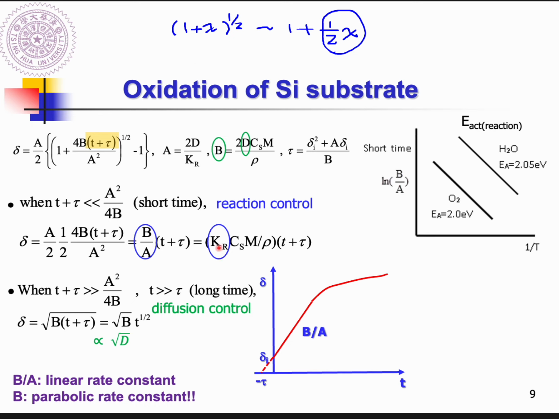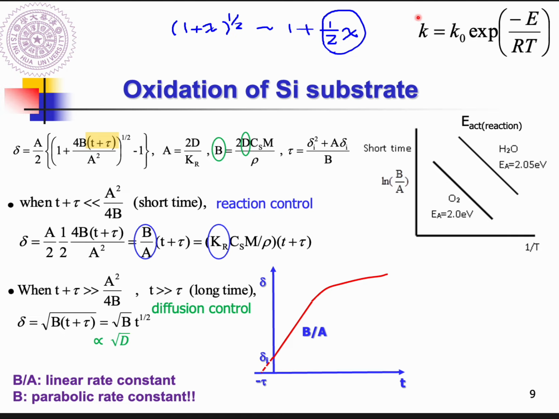So regarding the rate constant, if you can get the Kr at different temperatures and plot the log of the slope B divided by A at different temperatures, then after fitting, you can get the slope corresponding to the activation energy for the wet method.